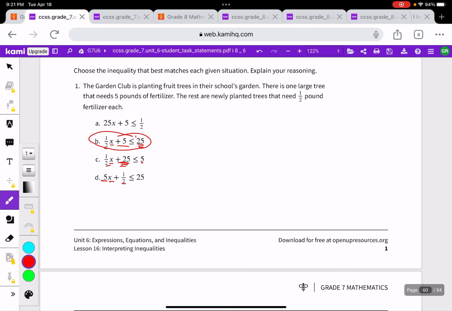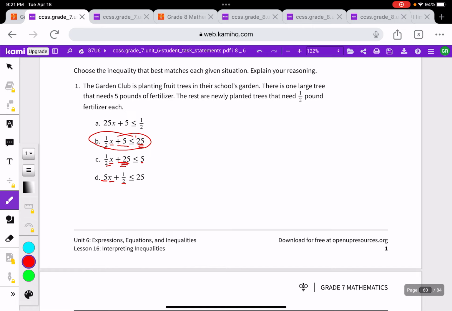So how many new trees can I plant? If I plant a big one that needs 5 pounds, how many new ones can I plant if I have 25 pounds or less? So technically I could plant whatever your answer is. If you got 5 for your answer, which that's not correct, well, yes, I could plant 5, or I could plant 4. It's not like I have to use up all the fertilizer, or 3. It's just saying how many newly planted trees.